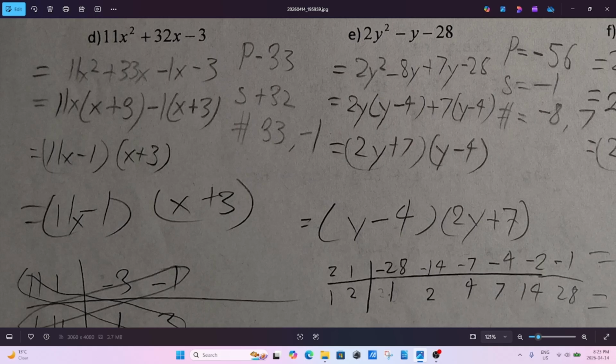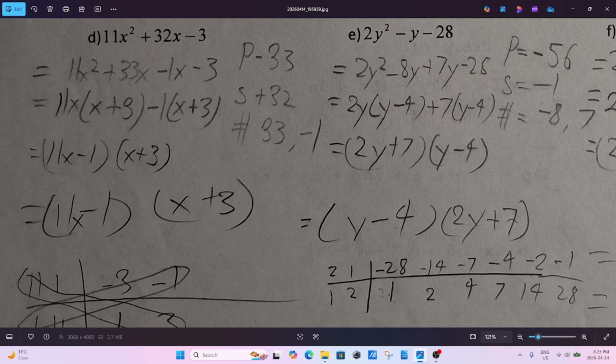Okay, question D. 11x squared plus 32x minus 3. The product is negative 33, and the sum is 32. So you have to say what two numbers when multiplied together give us negative 33, and when you add them give you 32.